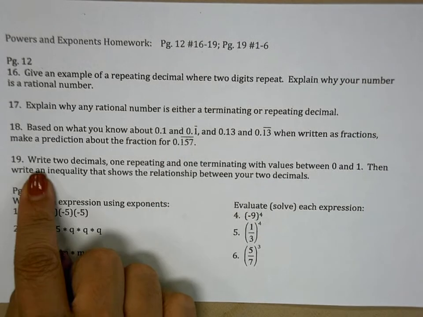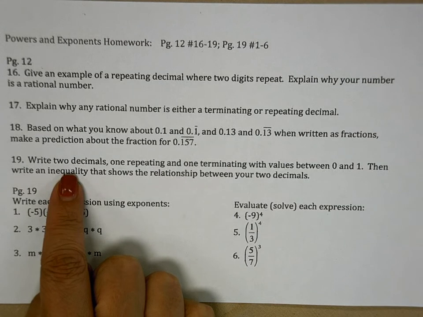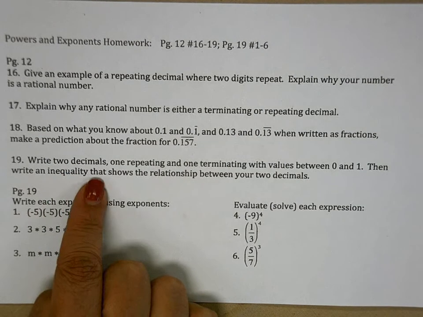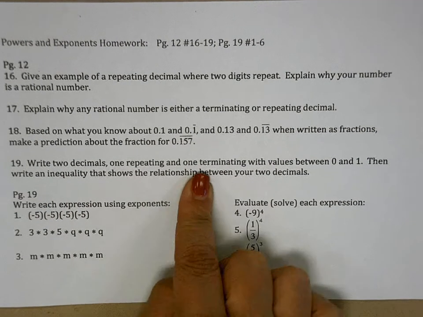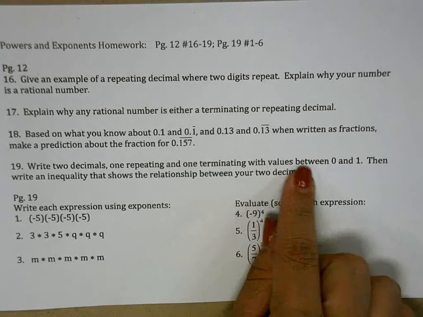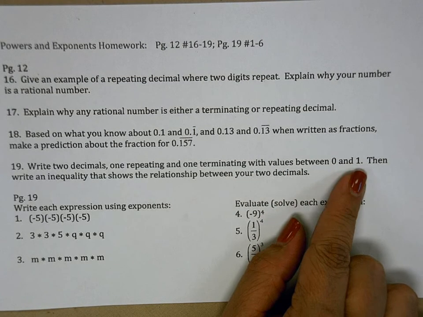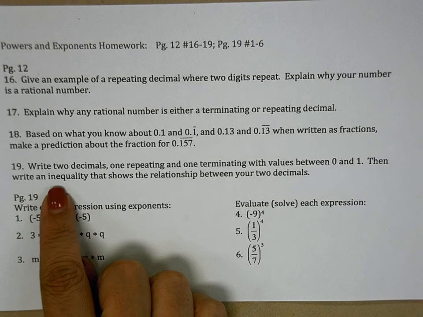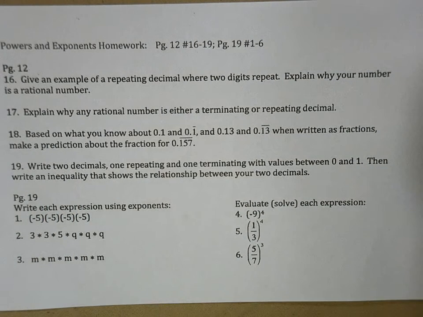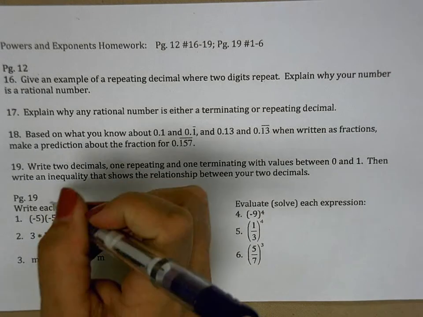19. Write 2 decimals. You can write 2 decimals, 1 repeating and 1 terminating with values between 0 and 1. So these are all small, like 0.1, 0.2, 0.3, right? Then write an inequality. Inequalities look like this. Do you remember?